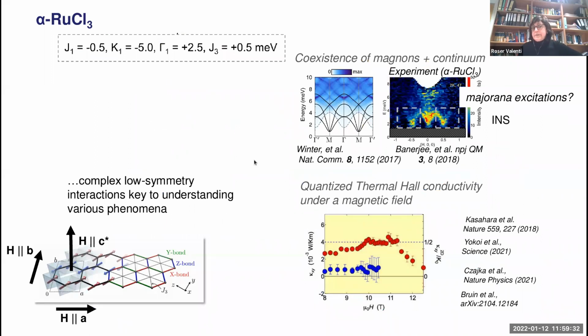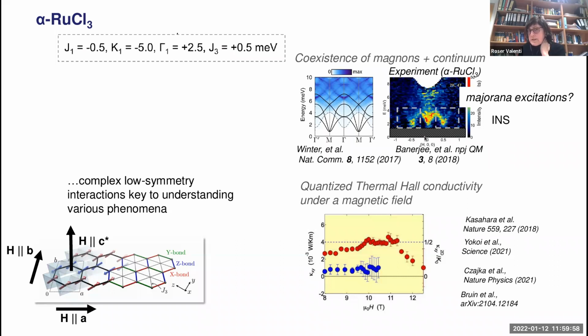Nevertheless, even though these systems order, and these are typical values of these coupling constants, these systems show very interesting phenomena, so excitations. Here, for instance, I'm showing one of the first experiments on alpha ruthenium trichloride, neutron scattering experiments by Steve Nagler and his group, where they were measuring alpha ruthenium trichloride in the ordered phase.